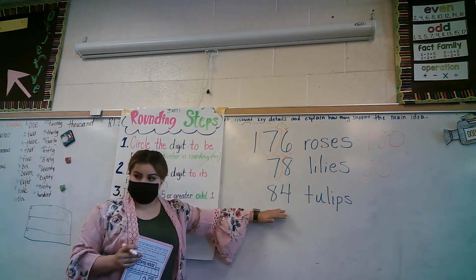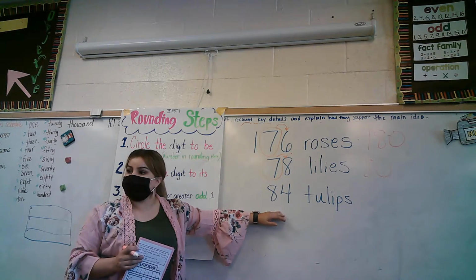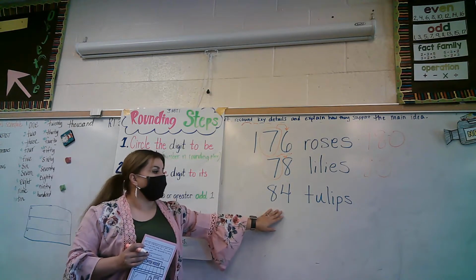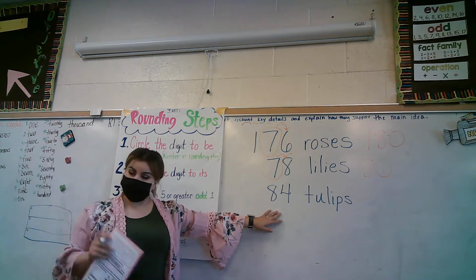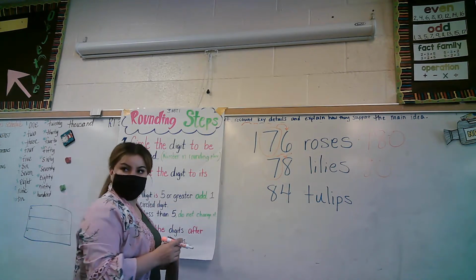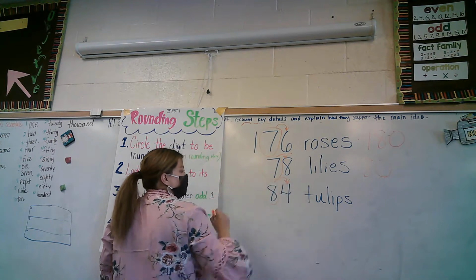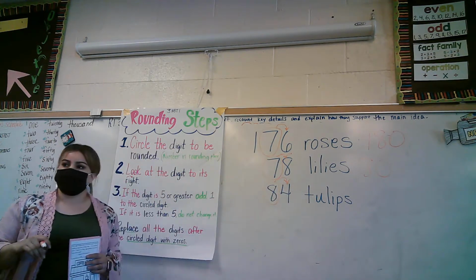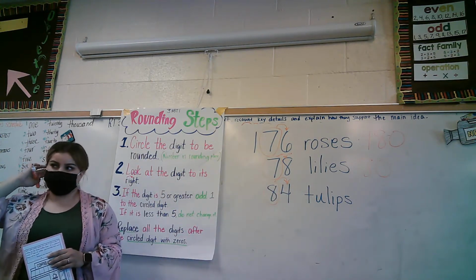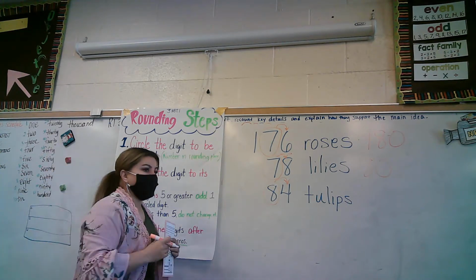Now we have 84 tulips. What digit is in the tens place? The 8. Okay, I'm going to look to the right. Is 4 greater than 5 or less than 5? Less. Okay.